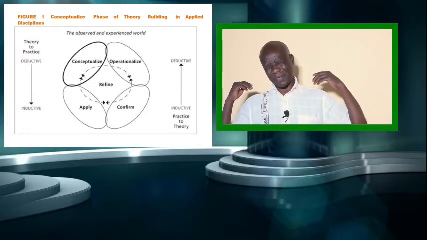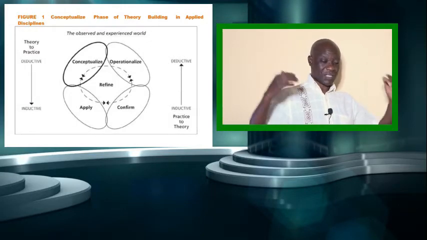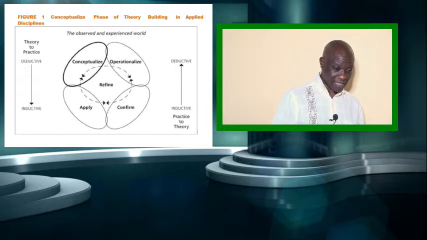So the operationalize phase becomes a logical bridge between the conceptualize and confirm phases, but it also interplays with the apply and refine phases, as you can see in the diagram presented here on the screen.